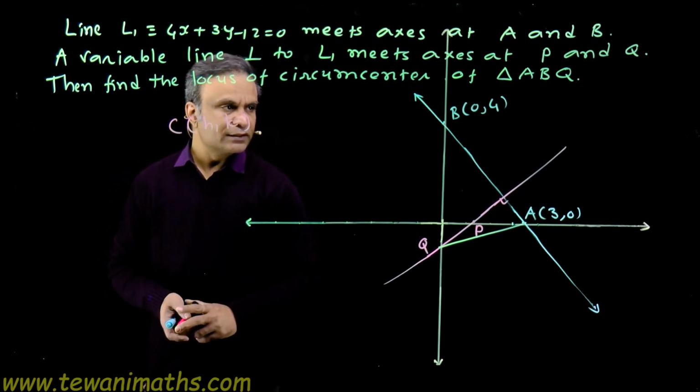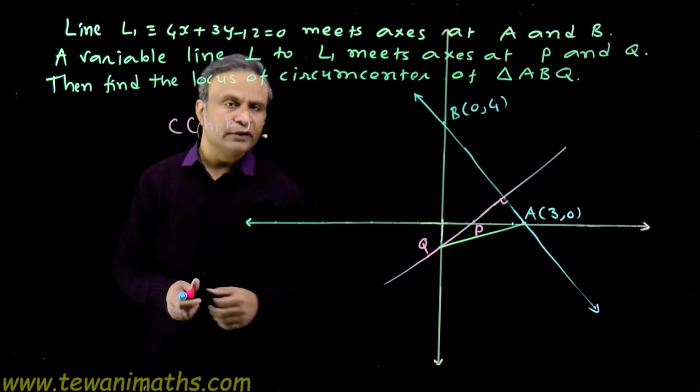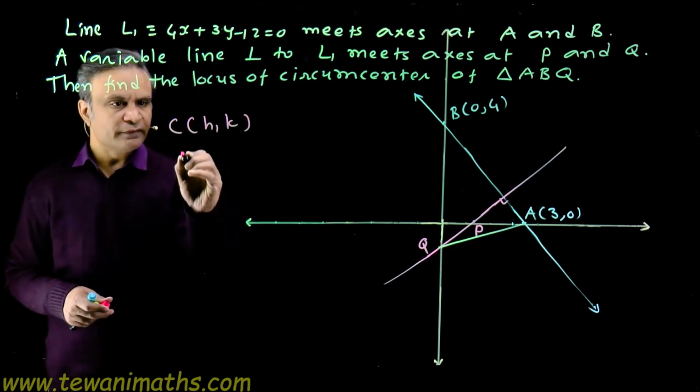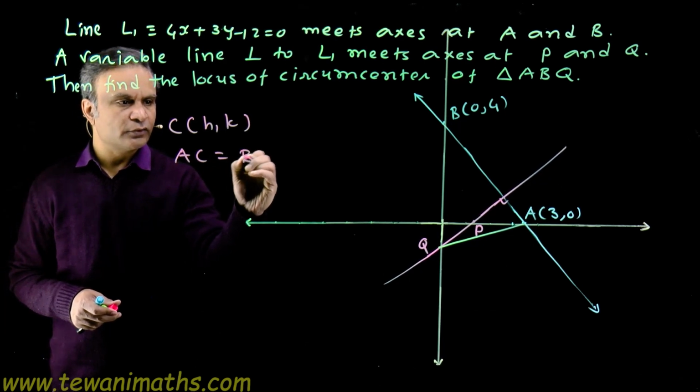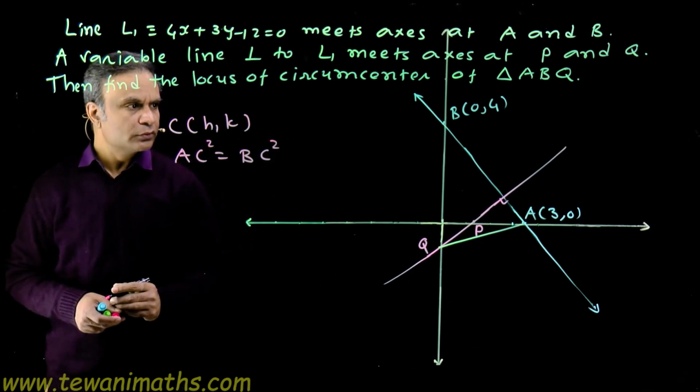Now we know that circumcenter is equidistant from all the three vertices of triangle. ठीक है ना? So we have AC is equal to BC. So we have AC square is equal to BC square.